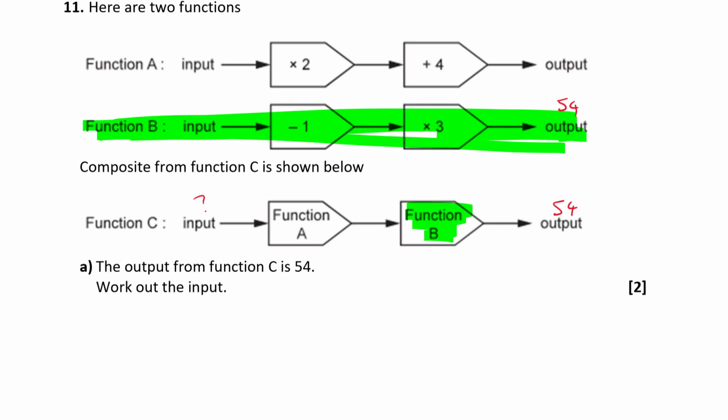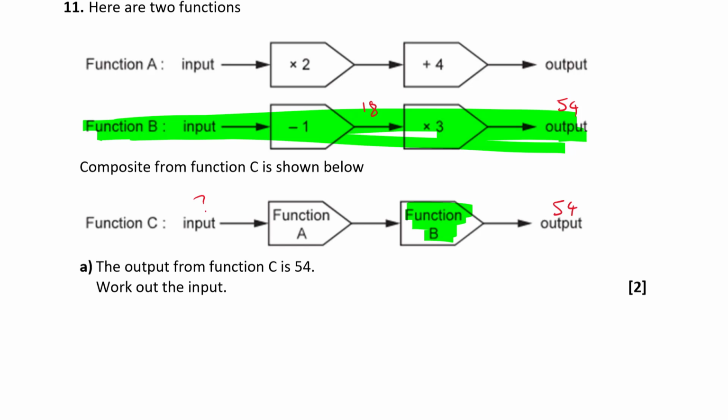Okay, so if 54 came out of this function machine, what must have gone into it? Well, something times 3 is equal to 54. If I take 54 and divide it by 3, that's 18. So that number there is 18.